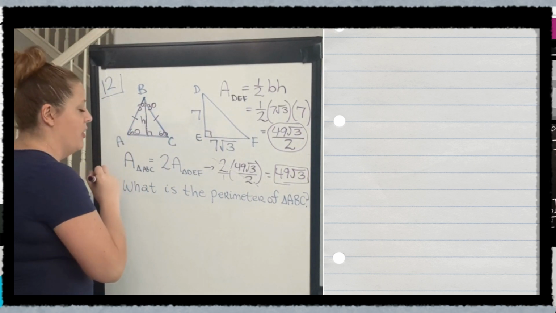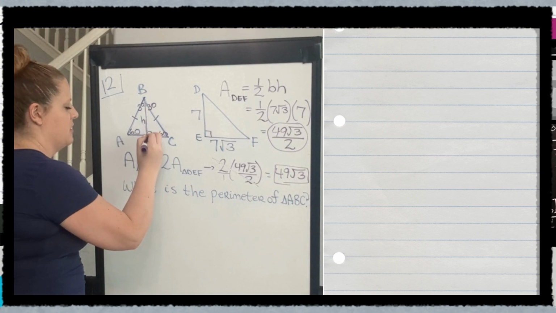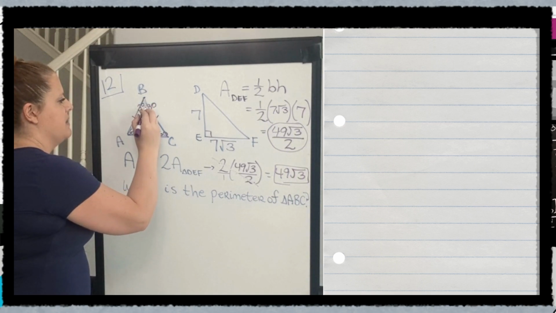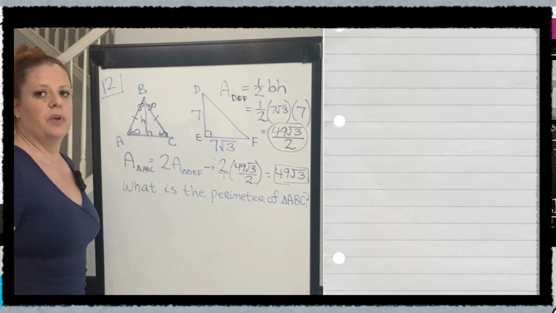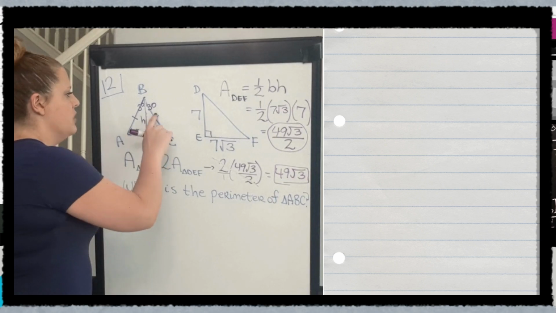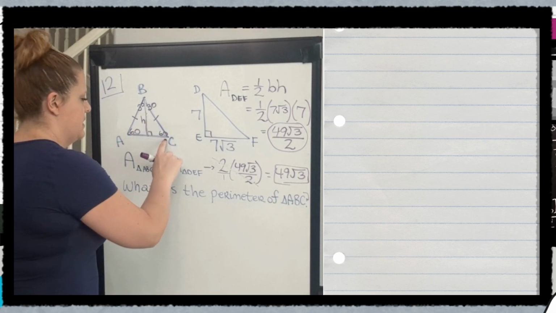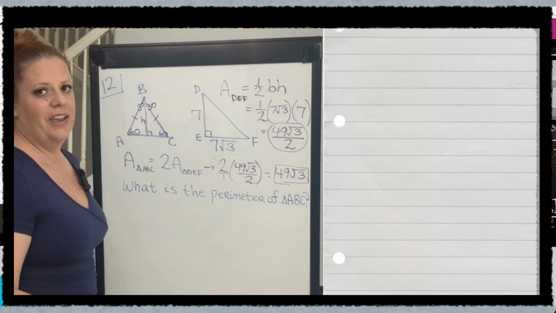Well, then why did I write 30? This is a perpendicular bisector, and it bisects this angle up here into two equal angles, 30 and 30. So this is actually a 30, 60, 90. We have a special triangle.